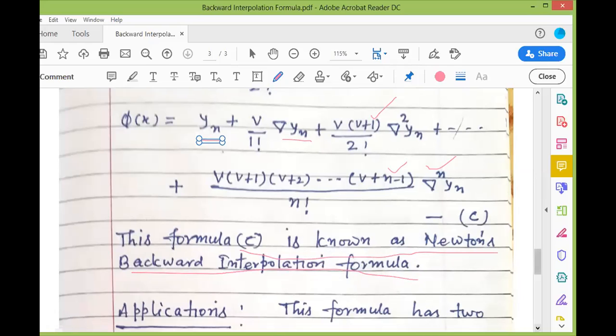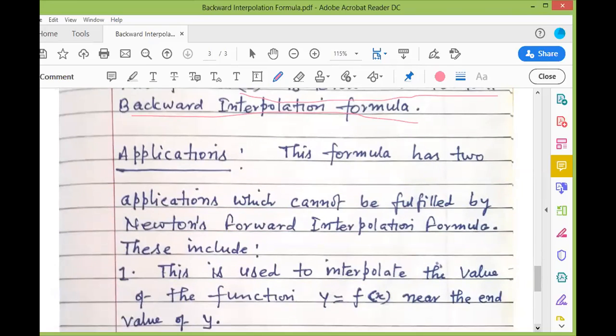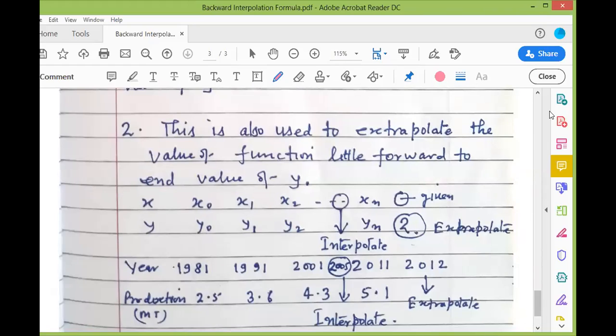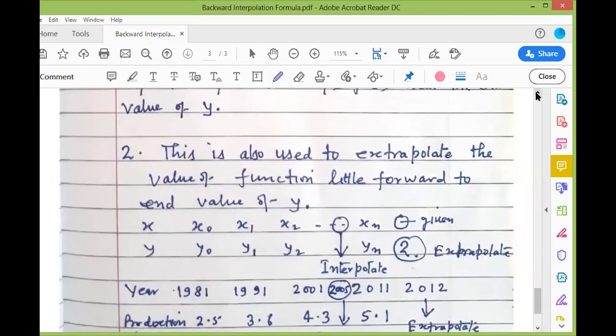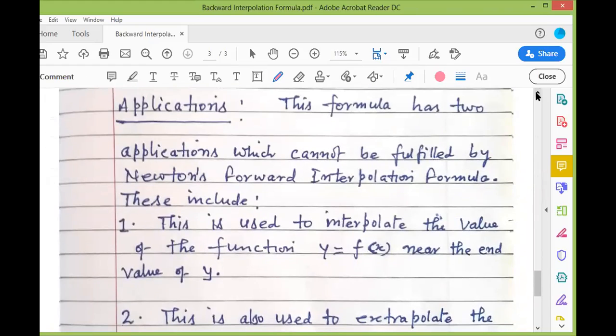What are the applications of this formula? This formula has two applications which cannot be fulfilled by Newton's forward interpolation formula. As we have already discussed, the forward formula is not going to interpolate the value of the function at the end of the data set, and it is also not going to estimate the value of the function outside the range of the data set.